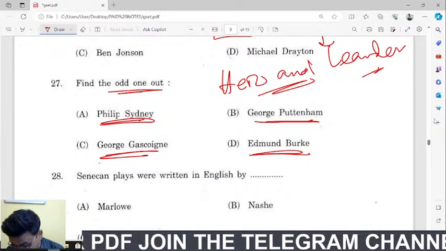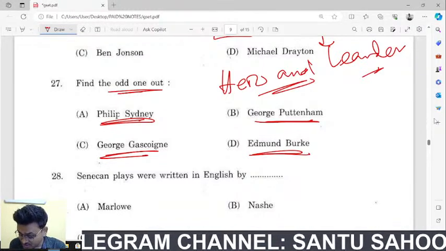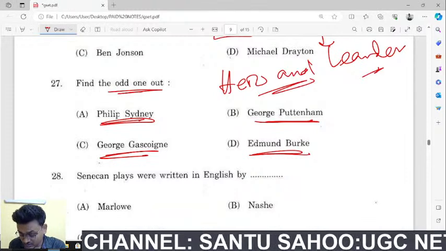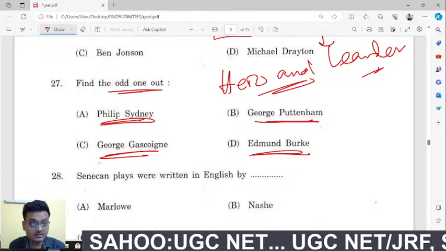Find out the odd one here: Philip Sidney, George Gascoigne, George Puttenham, Edmund Burke. You all know Philip Sidney is famous for his works, The Shepheardes Calender and The Defence of Poesy, or Apology for Poetry, published in 1595.